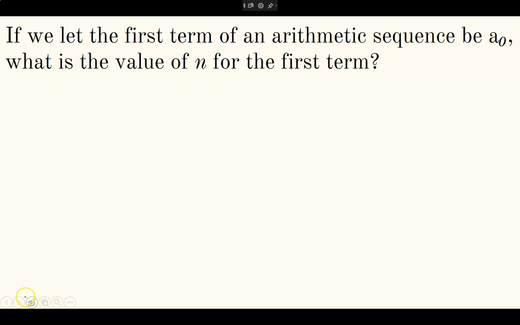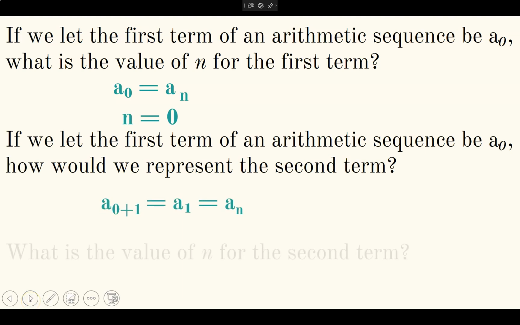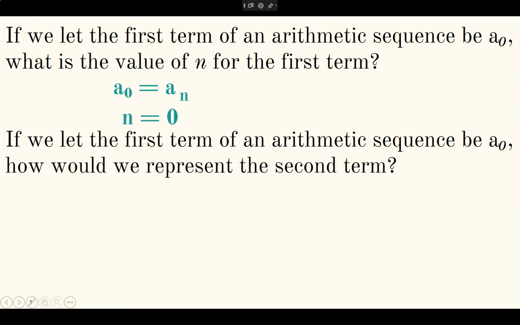So we did this yesterday. If we let a sub 0 be the first term, what is technically the value of n? Then n is going to be 0. If a sub 0 is our first term, what am I going to use to represent the next term?